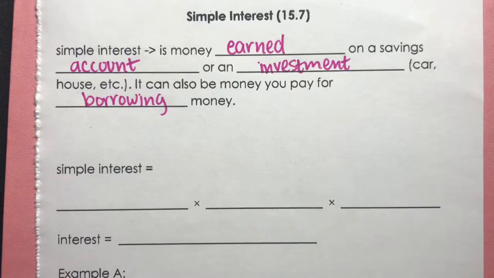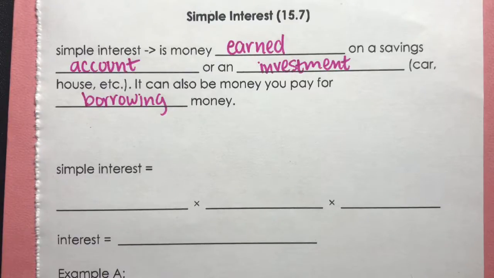When you have a savings account, sometimes your bank will tell you, oh, you're going to be earning this percent of interest for the amount of money you keep in your savings account. And interest is a good thing when you are earning that money back from your savings account.